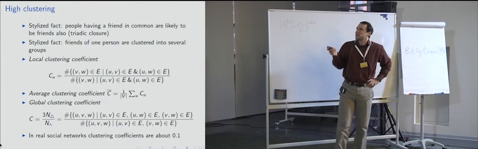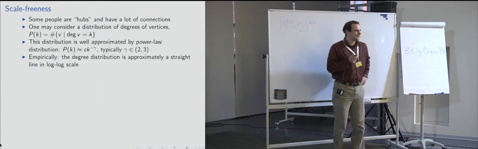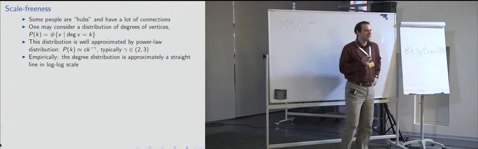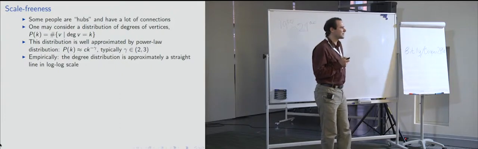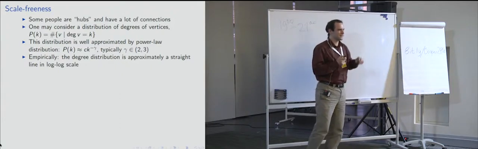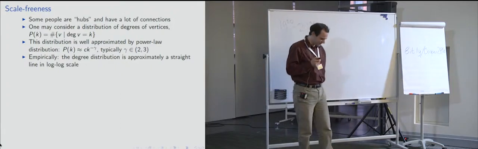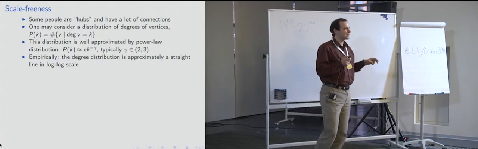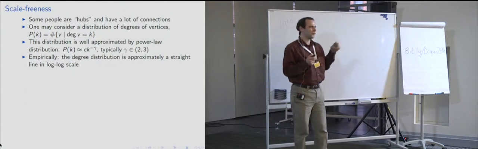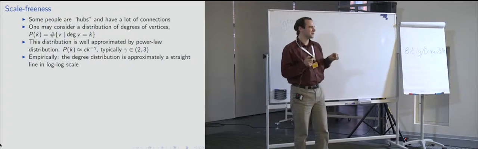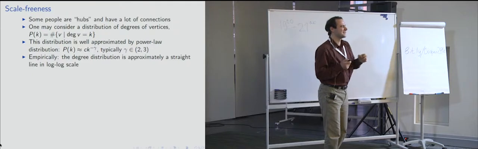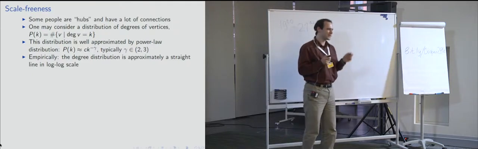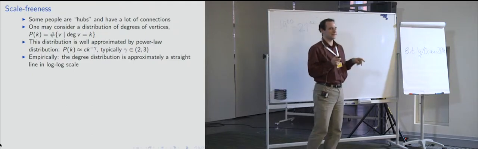Another property is scale freeness. The stylized fact is that in every social network there are hubs, so to say, vertices with very high degree. So people who have a lot of friends, so much more than average, many times more than average.